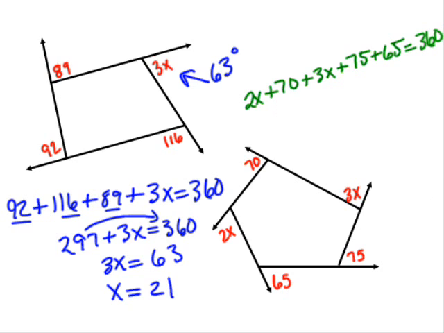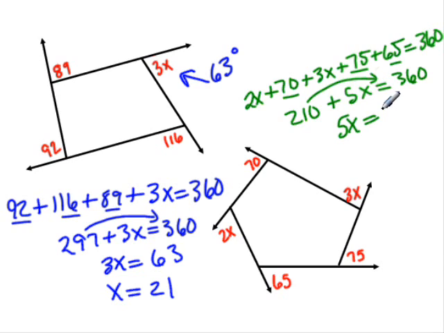Combining like terms, 70, 75, and 65 gives us 210. 2x plus 3x is 5x, so 5x plus 210 equals 360 degrees. If we subtract 210 from both sides, we end up with 150. So 5x equals 150.